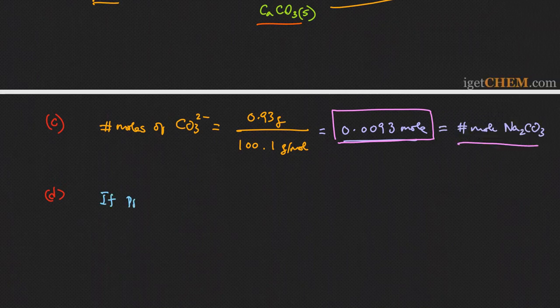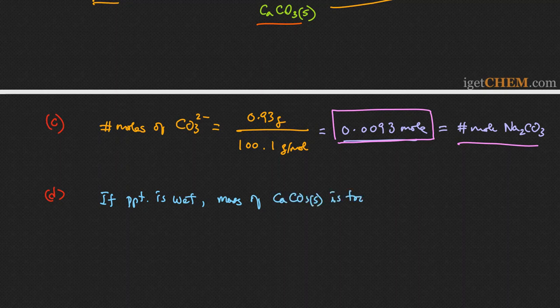If the precipitate is wet, obviously this would then contain a higher mass than the dry precipitate because it has water in it. So in this case, the mass of the CaCO3 solid that is measured is going to be too high.